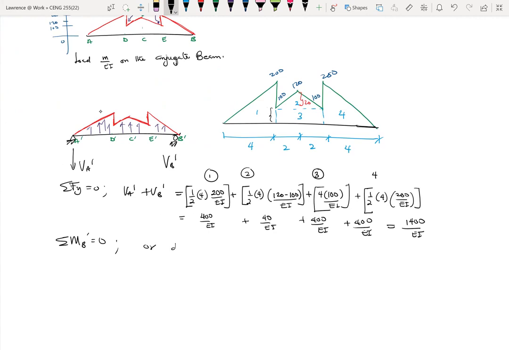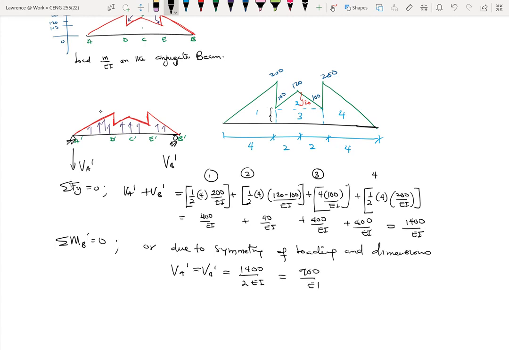Or due to symmetry of loading and dimensions, it means that my VA prime is the same as my VB prime. So that's simply 1,400 divided by 2. So that'll give us 700 over EI.